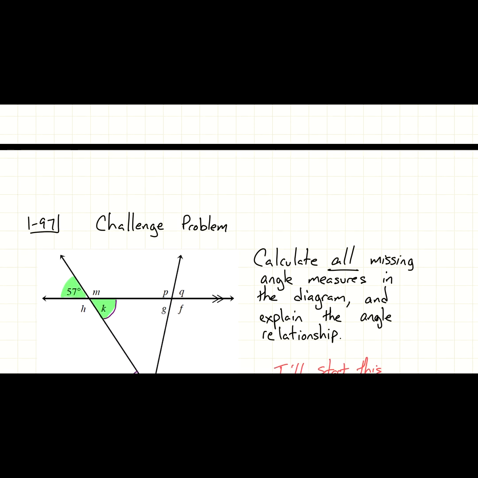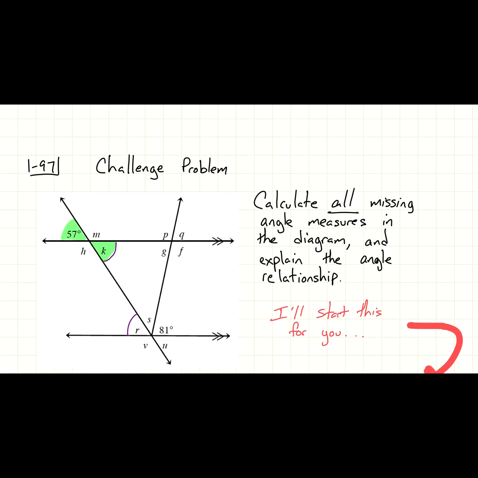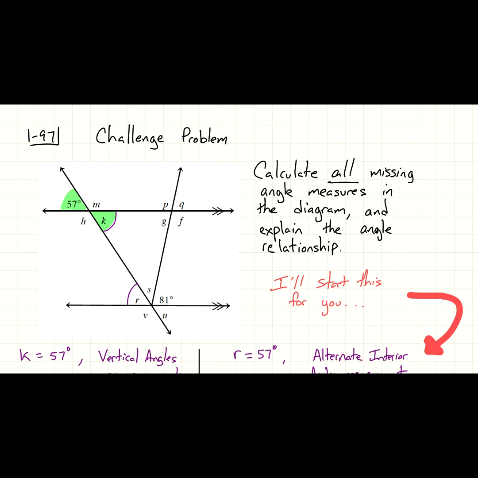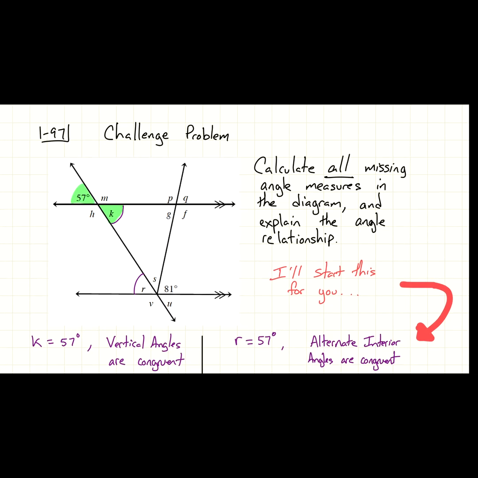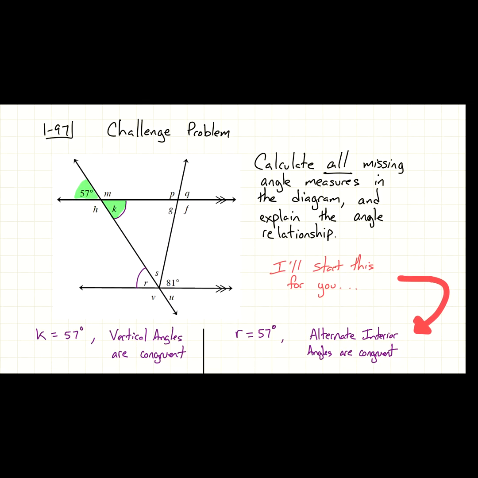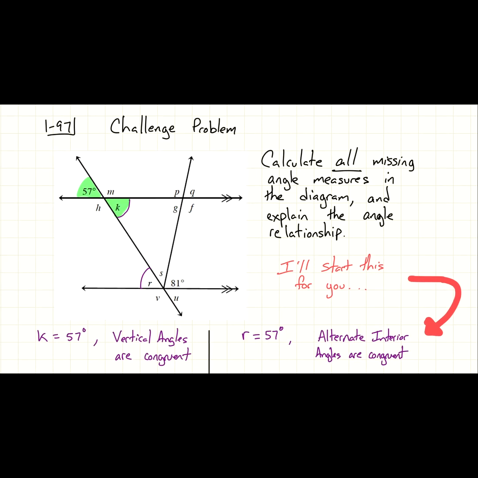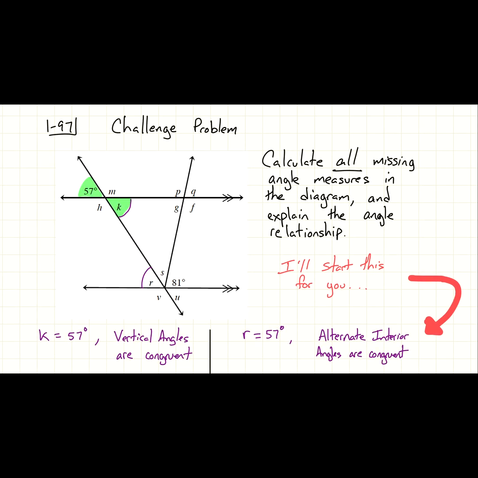Sorry, this is already a little bit longer than I wanted, but I want to throw in a challenge problem. I'm not going to go over the whole problem, but I'm going to leave this here for you to try to finish. This is an example of us using all the angle relationships that I went over.